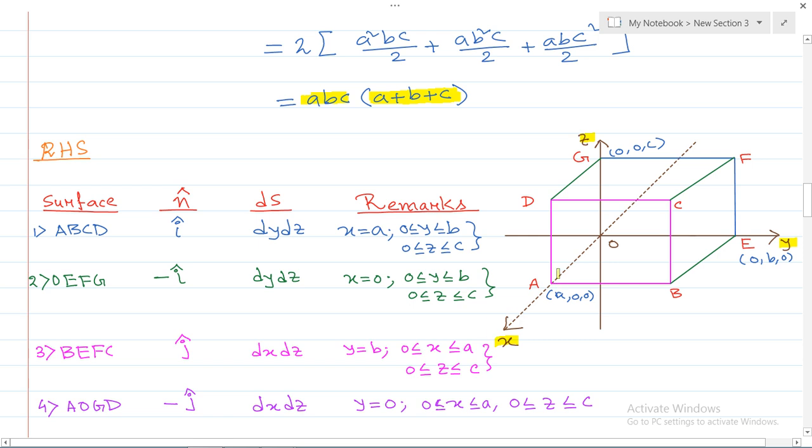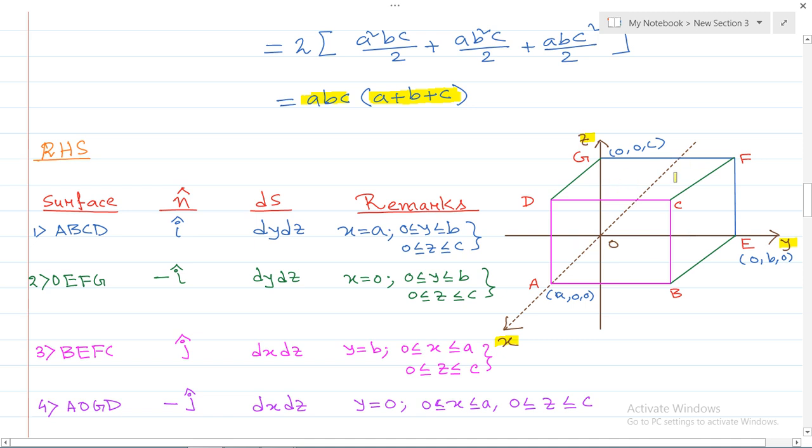So along x-axis we will measure the length, along y we will measure the breadth, and along z we measure the height. Now the range of x is given from 0 to a, y is 0 to b, and z is 0 to c. So here is the rectangular parallelepiped, over which we have to do the surface integration.